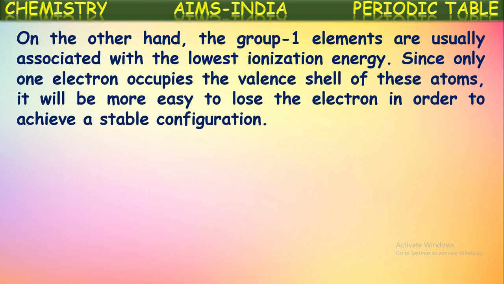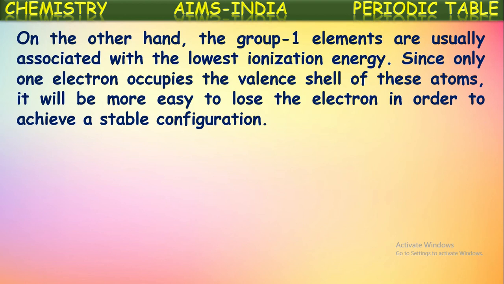On the other hand, the group 1 elements are usually associated with the lowest ionization energy. We are telling that from left to right in a period, atomic size decreases, hence ionization energy increases. The extreme right side elements, that is noble gases, have greater ionization energies in all the periods.